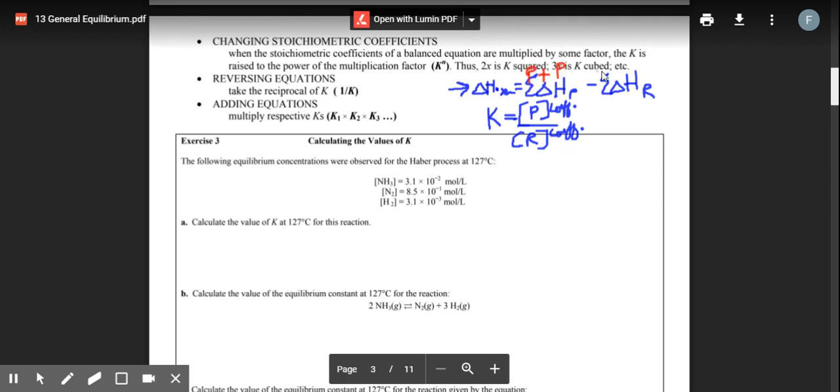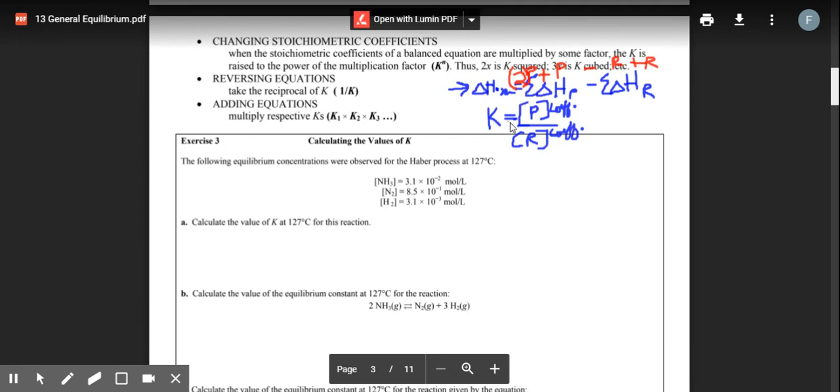So sum of my products minus the sum of my reactants. So I'm adding those reactants together. And if I had more than one mole, I would multiply that number of moles by the delta H. And so if I doubled an equation, then I doubled delta H.